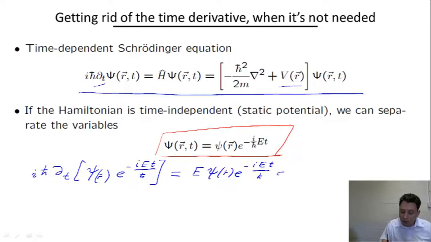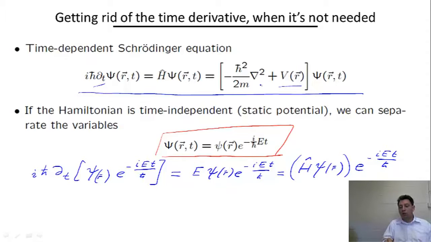On the other hand, the right-hand side, since there is nothing time dependent there, simply reads the Hamiltonian acting on the position dependent part. The exponential is also here, but it's irrelevant in the sense that the Hamiltonian doesn't see it. The Hamiltonian only involves either derivatives with respect to spatial coordinates or the potential, which is just a multiplication operator.